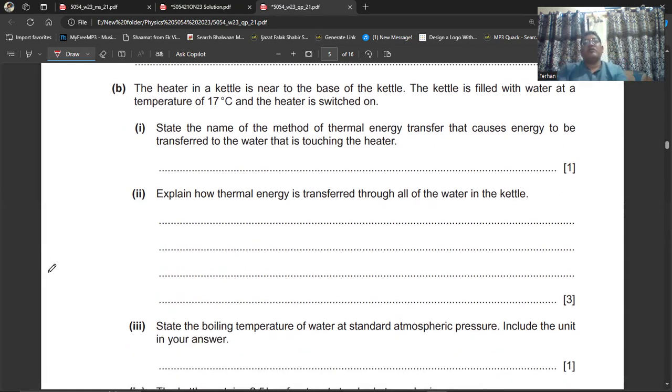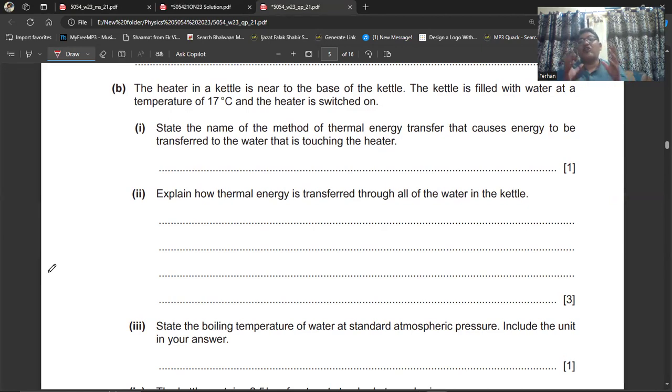Then question number 3b, second part. Explain how thermal energy is transferred through all of the water in the kettle. At the bottom you have the heater. The water at the bottom near the heater absorbs the thermal energy and its particles move away from each other. The kinetic energy of those particles increases, and that water becomes hot and less dense.